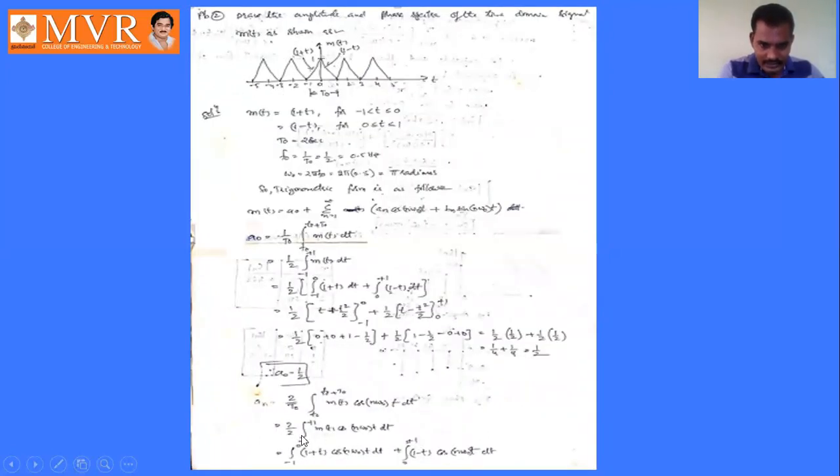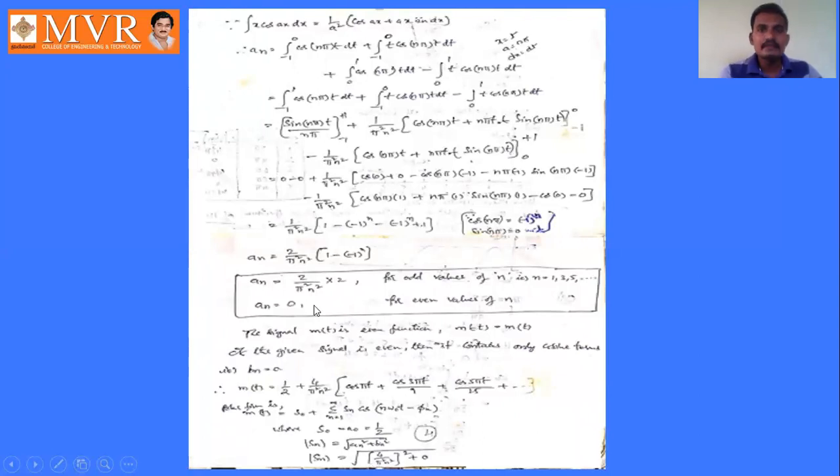So we are expanding this one. Integral minus 1 to 0 of 1 into cos n omega naught t dt, that is cos n omega naught t dt, plus t into cos n omega naught t dt, right? In this manner, we can expand this expression: integral minus 1 to 0 cos n pi t dt plus integral minus 1 to 0 t cos n pi t dt plus integral 0 to 1 cos n pi t dt minus integral 0 to 1 t cos n pi t dt.